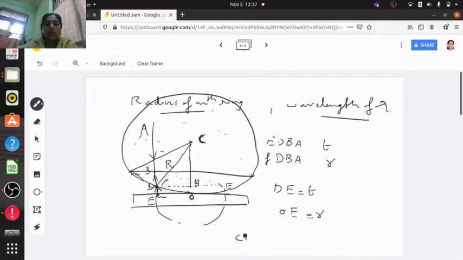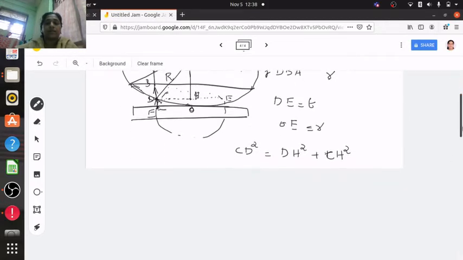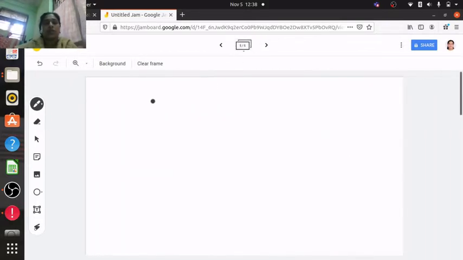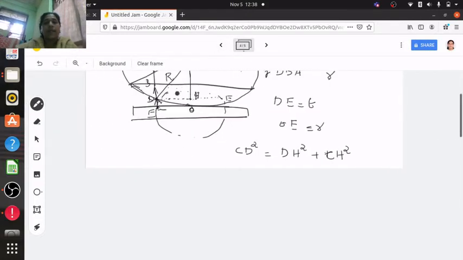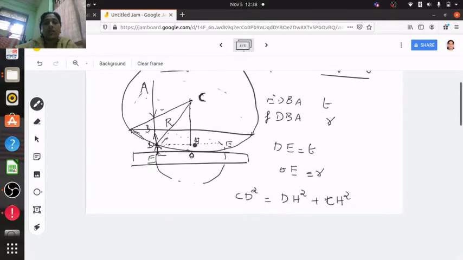Here we can see that CD square is equal to DH square plus CH square, and DH is drawn parallel to the glass plate, so this DH is equal to EO. So CD square is equal to DH square plus CH square, which is EO square plus CH square, and CH is CO minus OH.